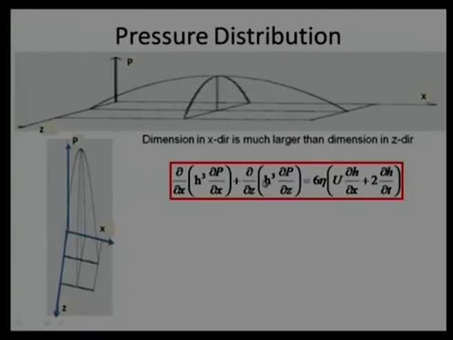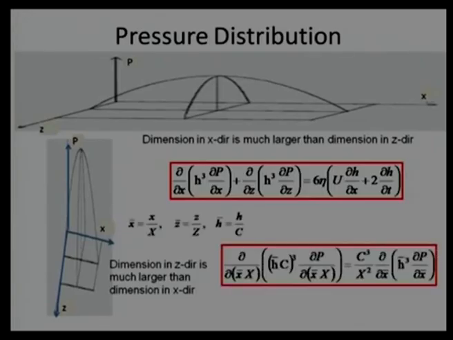That allows us to neglect one of these terms. If the value of x is much larger, dP/dx will be smaller, and in that case this term can be neglected. While in the other case, we have a short length in the x direction, and dP/dx will be there, so the second term can be neglected. So, based on the dimensions we can get good results.